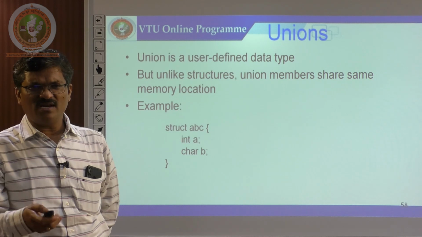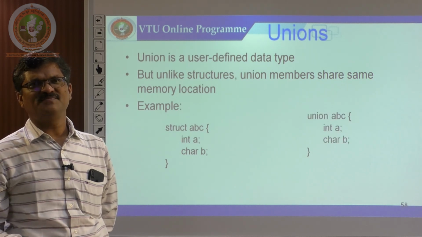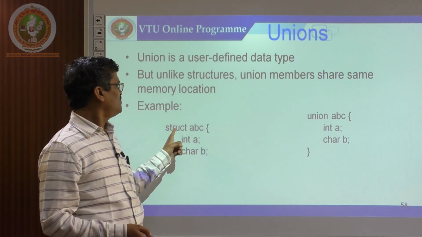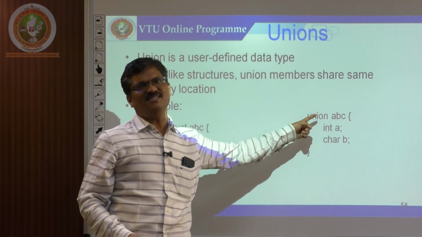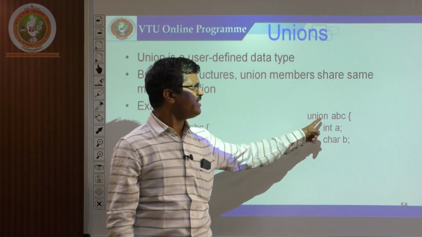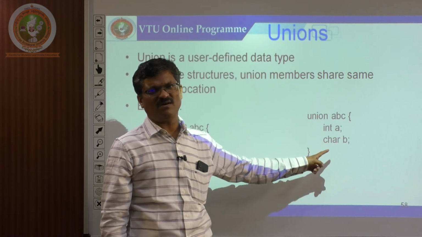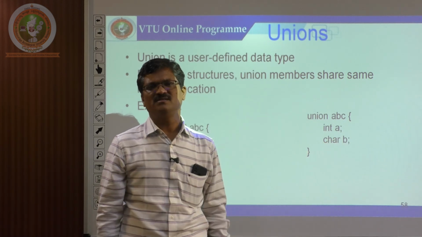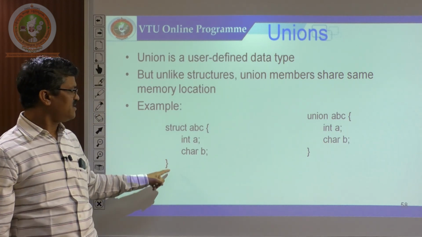Declaring a union is also similar to the struct, except that the keyword struct is replaced by union. So, we define union ABC to include the same members A, B of type int and char in the same way. Of course, we need to add a semicolon here.